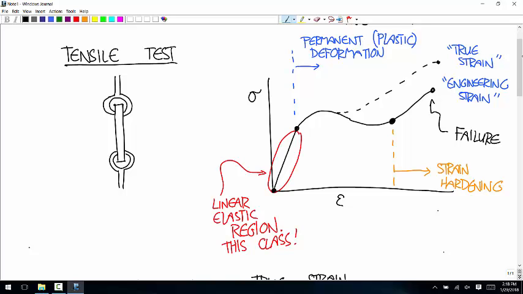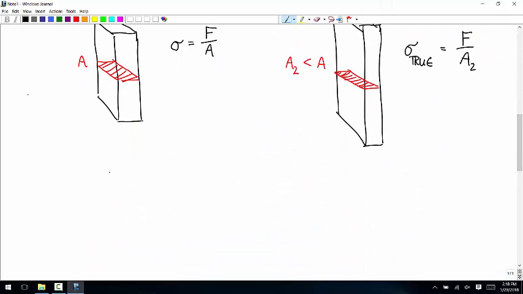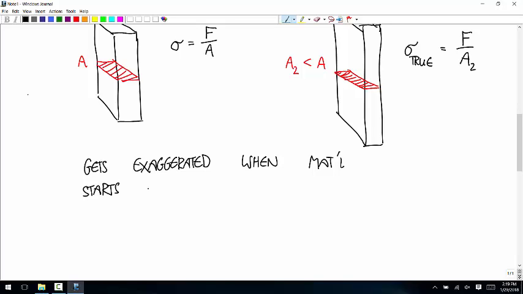And it starts to get really exaggerated when the material starts necking, it's called.